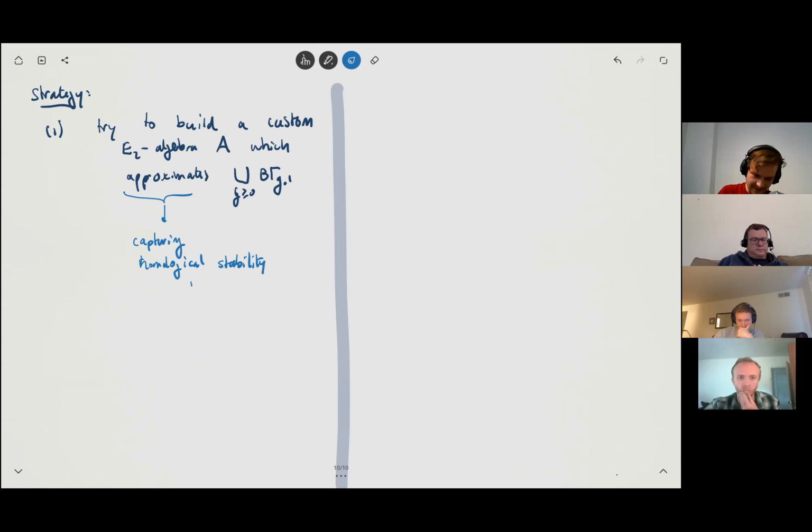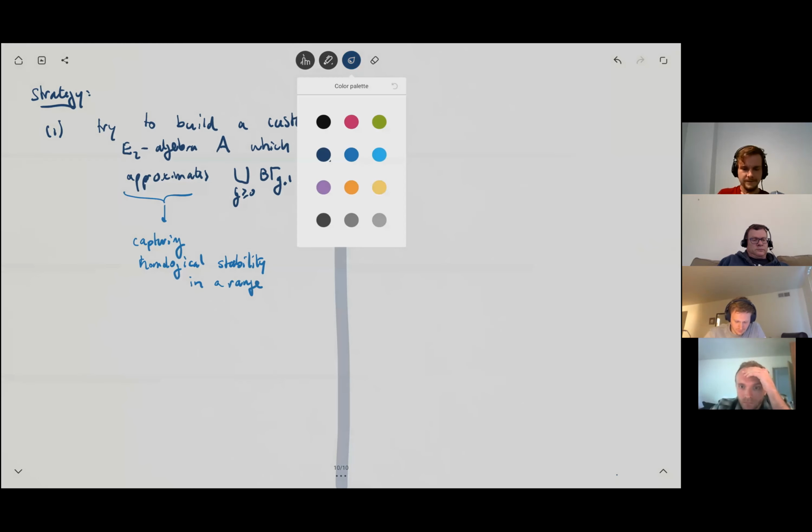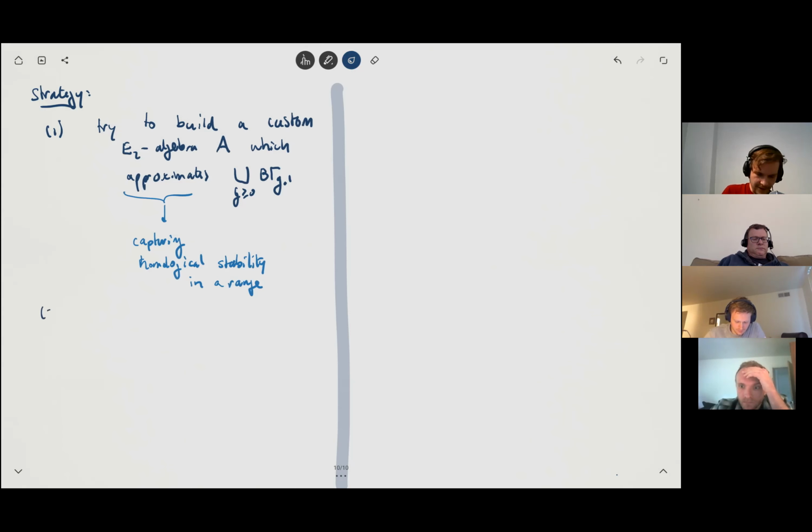It's just going to have the same homological stability or secondary homological stability ranges. Okay. So how do you do this? The idea is that this will be a small cellular E2 algebra.